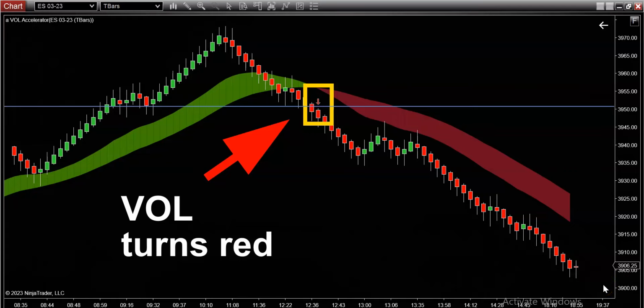These nice even 50-point blocks on the S&P, I'm telling you, there's something magical about those levels. And whenever I see a vol color change take place on a statistically significant level on the S&P, I want to hammer that trade.